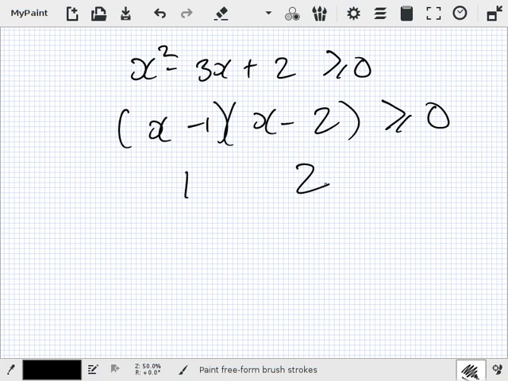But what next? It's not quite x equals 1 or x equals 2 because you have this inequality. So the real question now is, what do you do next with your 1 and with your 2?